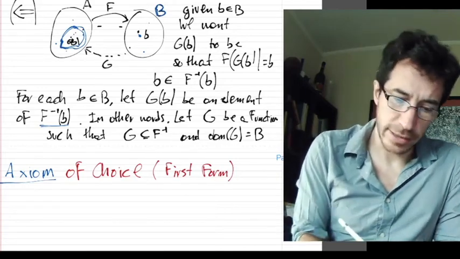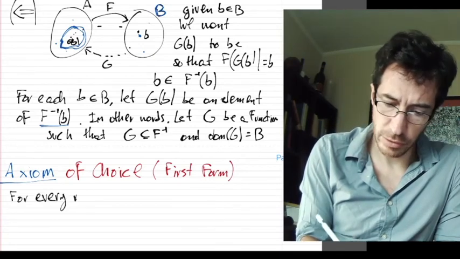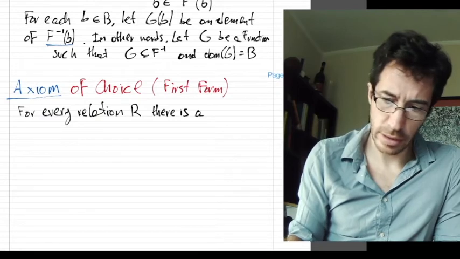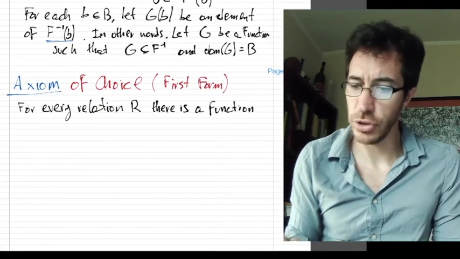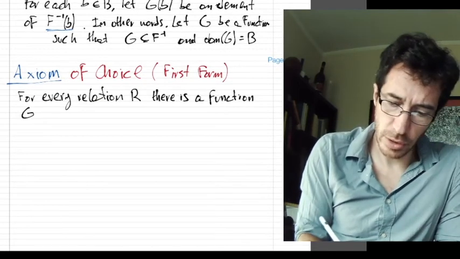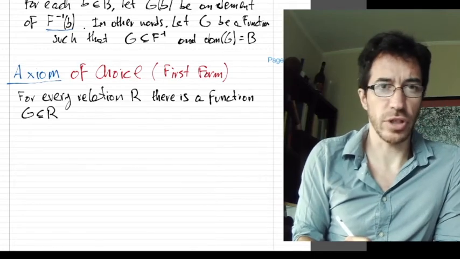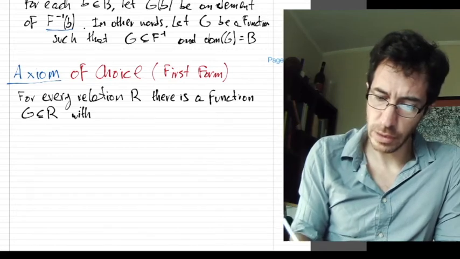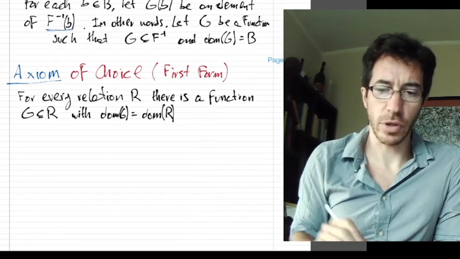It says the following: for every relation R, there is a function, let's call it g, included in R, so a set of pairs included in the set of pairs, with the same domain.